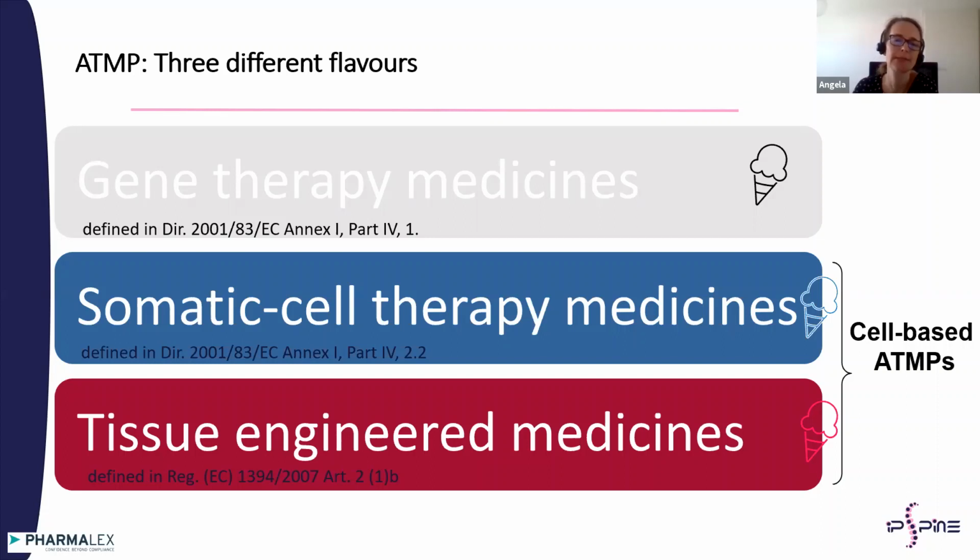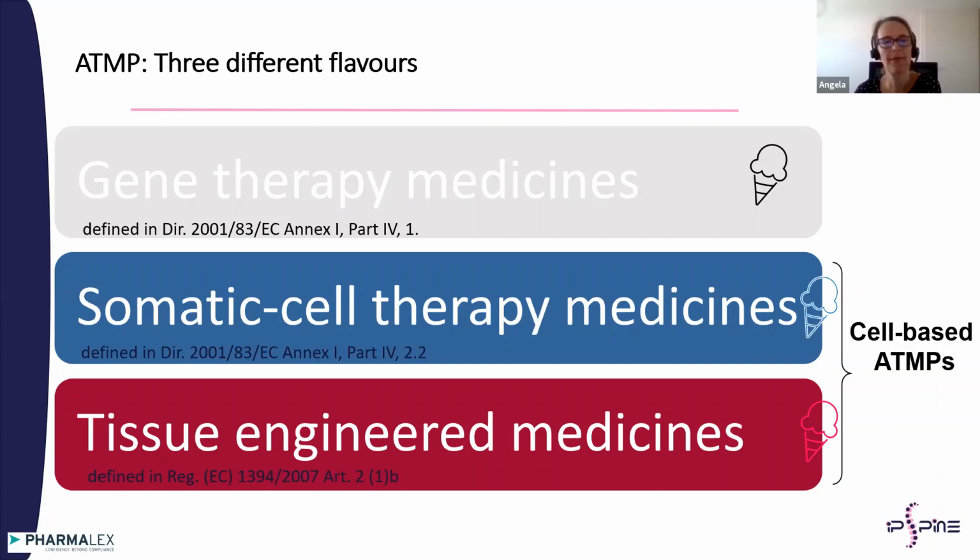So these are the somatic cell therapy medicines and the tissue-engineered medicines. By the way, I have this very elaborate color code in this presentation to guide you through it. So whenever you see something blue, it will always relate to the somatic cell therapy. And when you see something red, it will relate to the tissue-engineered medicine.